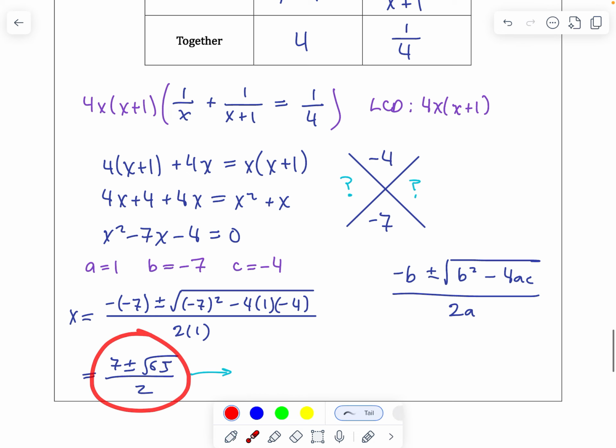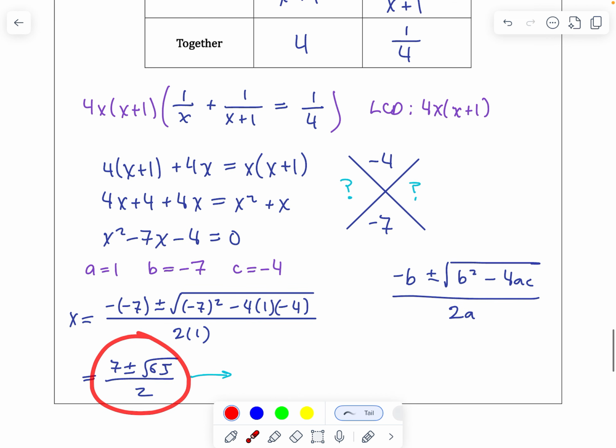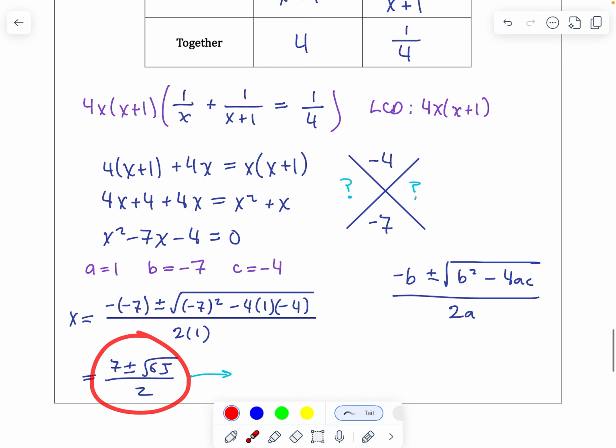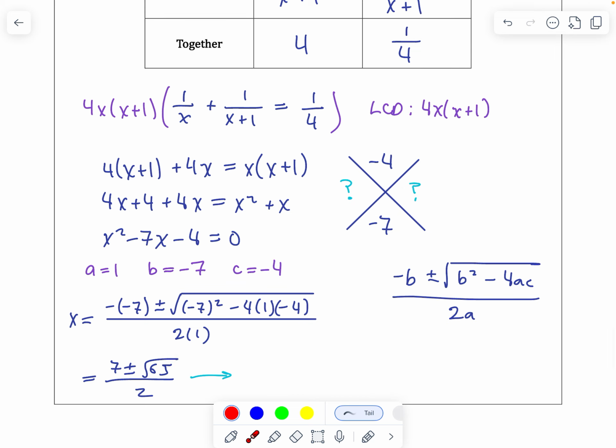I'm repeating myself a lot here, but if this was just a problem with no context, that would be the answer. You technically have two answers, a plus and a minus. However, this problem has context, and it wouldn't make sense to say that it takes Annie a negative amount of hours to prepare dinner. So we're just going to go with 7 plus root 65 over 2.